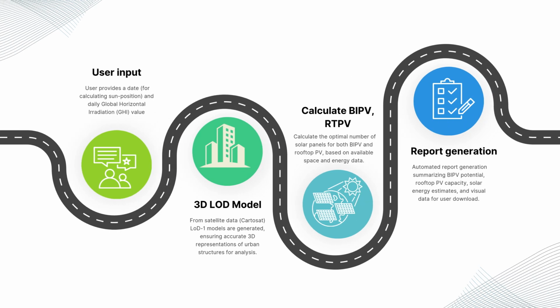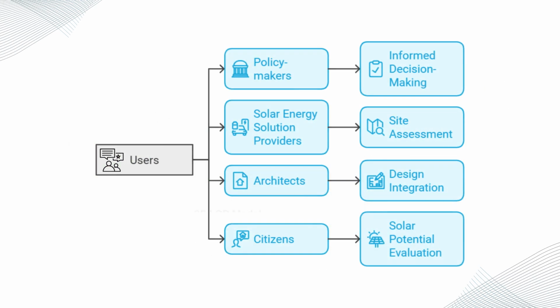The application is designed to be flexible, catering to a wide range of users including policymakers, solar energy providers, architects and citizens, enabling them to make informed decisions about solar energy potential and usage.